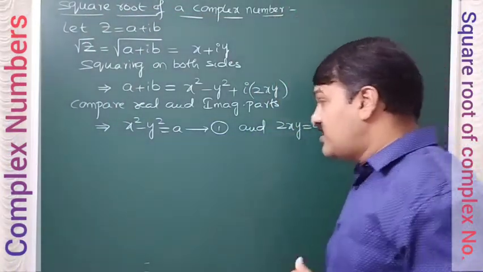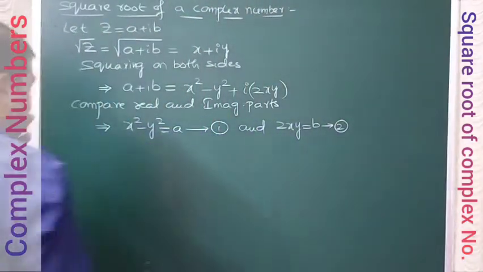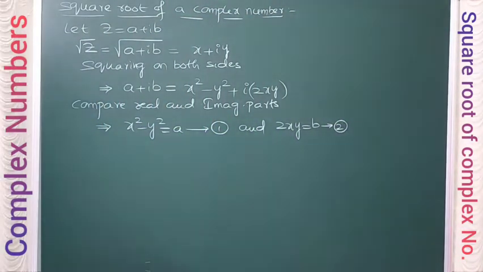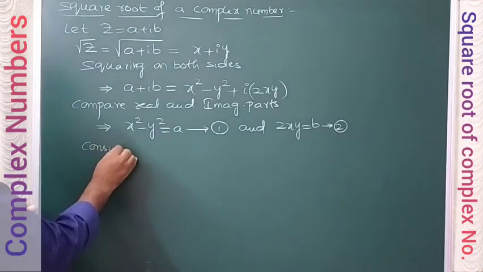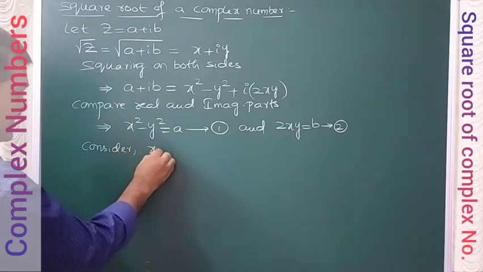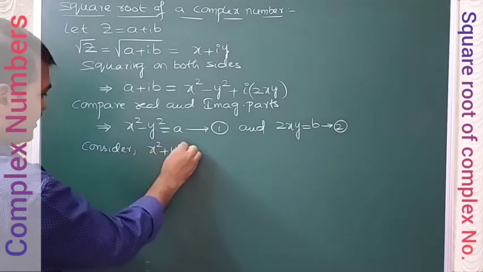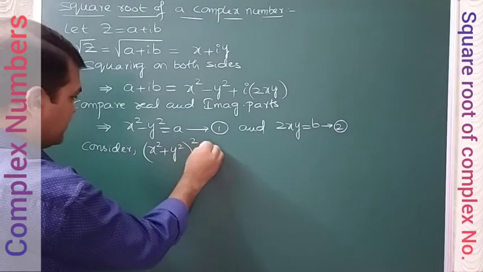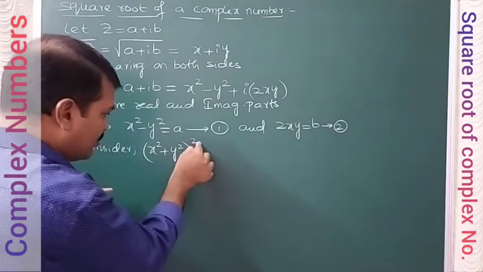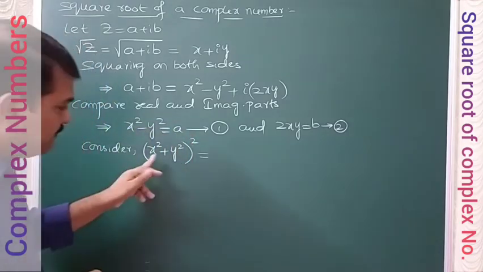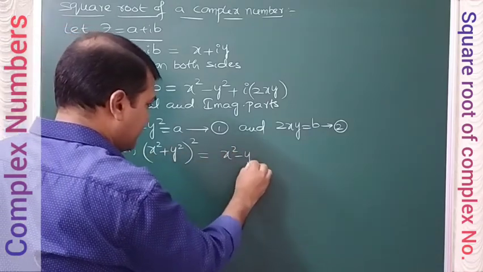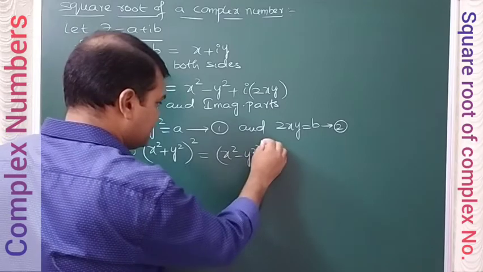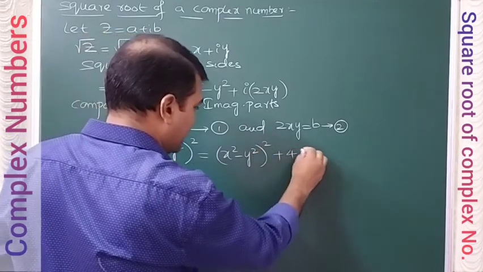In order to solve this, I will take (x square plus y square) whole square. That means this is a plus b whole square, and a plus b whole square can be written as a minus b whole square plus 4ab.